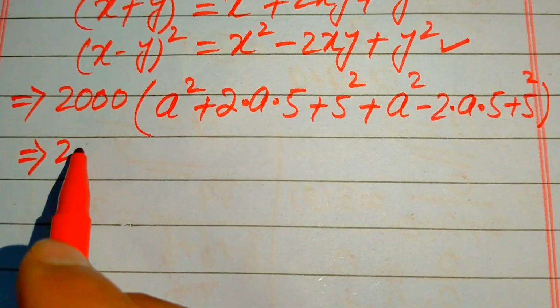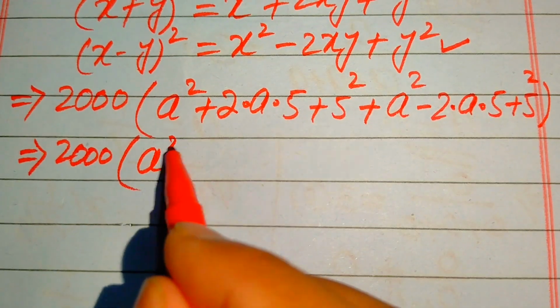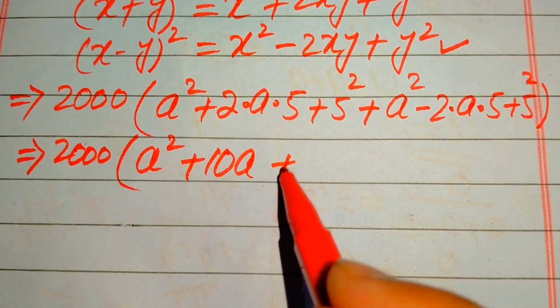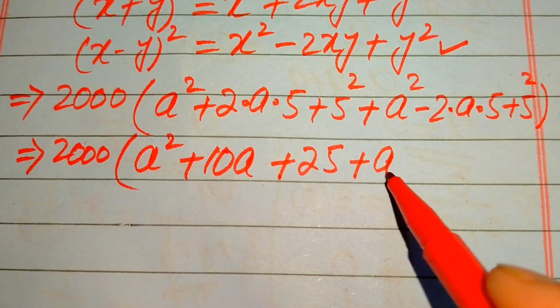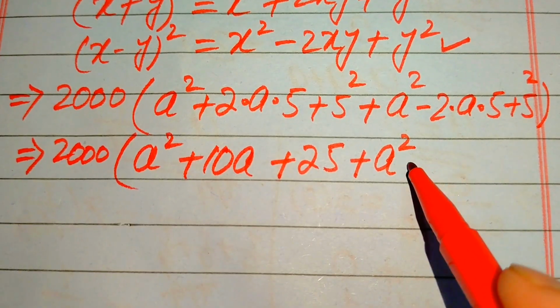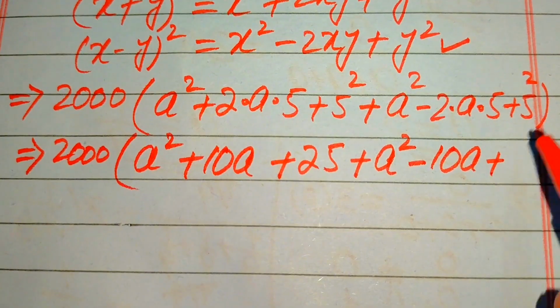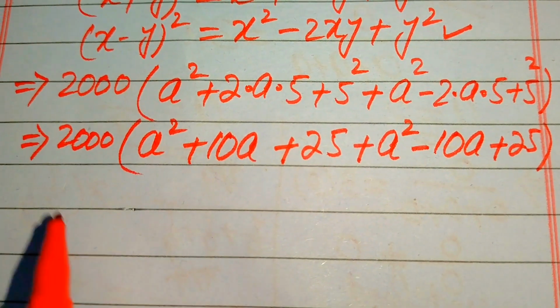So we have 2000 multiplied by a square plus 2 times 5, which becomes 10a, plus this 5 square becomes 25, plus this is a square, and here again we have 2 times 5 becomes minus 10a, plus this 5 square again becomes 25.